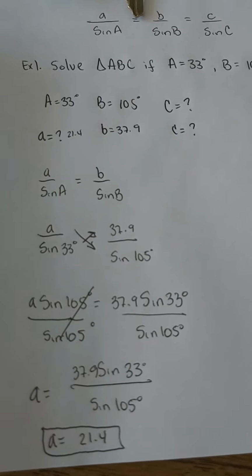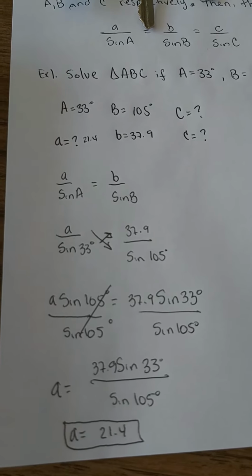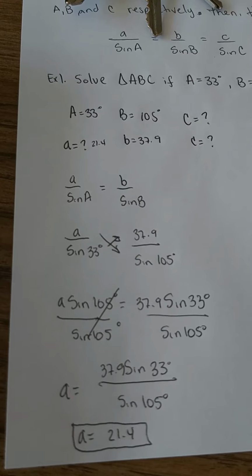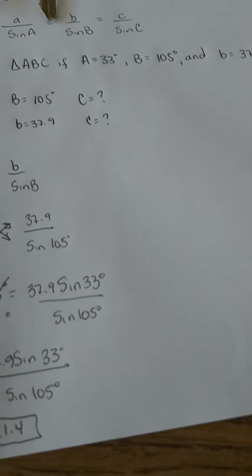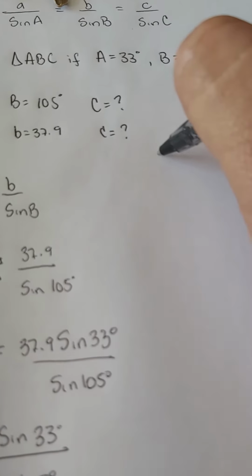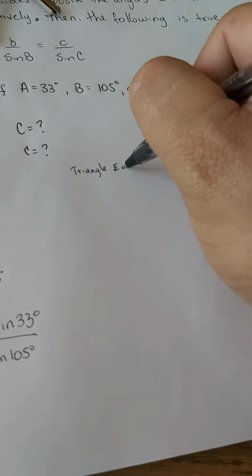Okay? So now we have angle A, side a, angle B, side b. We're missing angle C. How can we find angle C? Using the triangle equation. Okay?